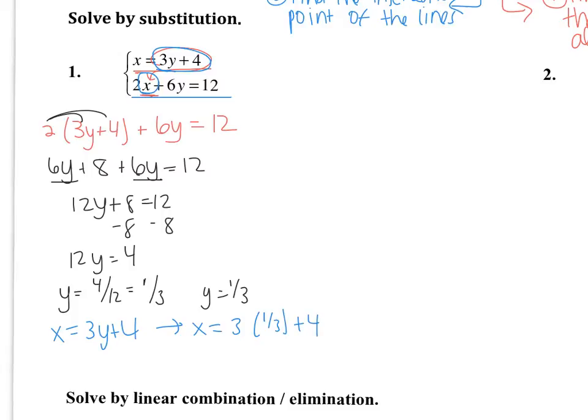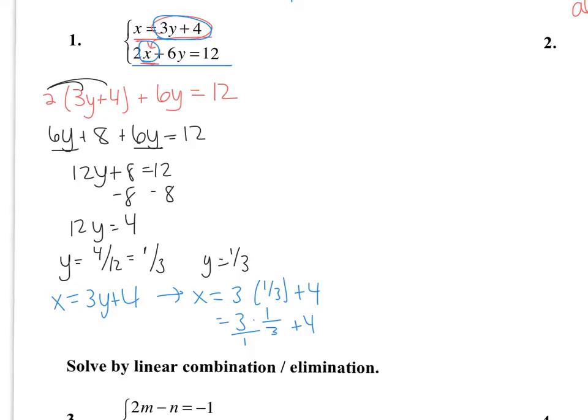Simplifying from here, 3 is like 3 over 1, so 3 times 1 and 1 times 3 is 3 over 3, plus 4. 3 over 3 is 1, so 1 plus 4 gives me x equals 5. So my solution now is (5, 1/3). This is the only point that will work in both equations, and it's the intersection point of those two lines.